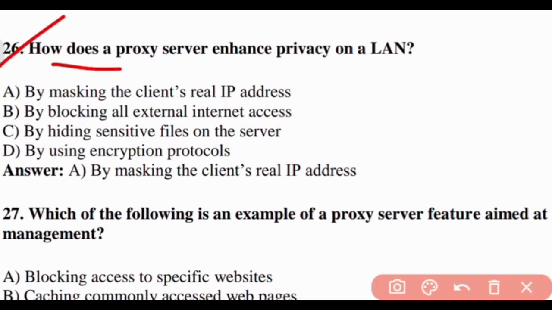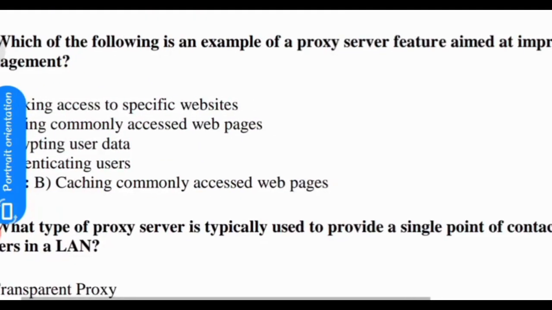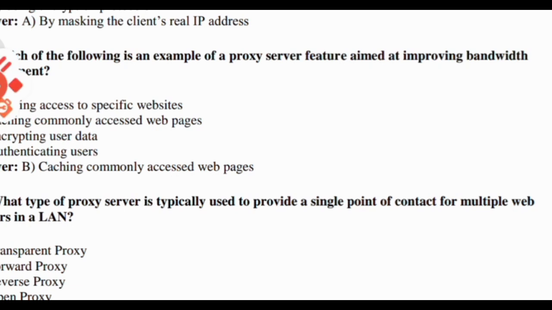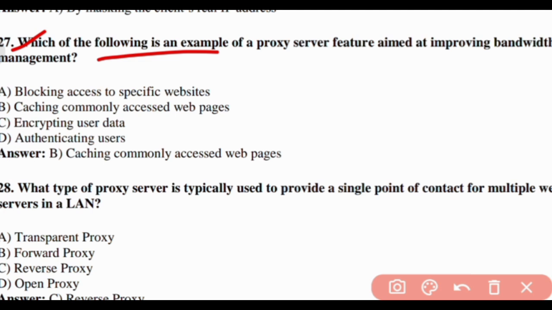How does a proxy server enhance privacy on a LAN? By masking the client's real IP address. Which of the following is an example of a proxy server feature aimed at improving bandwidth management?